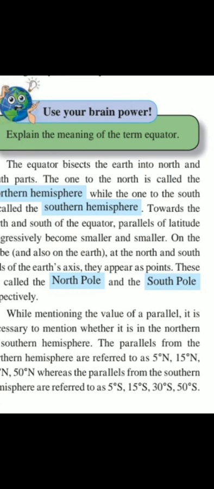Towards the north and south of the equator, the parallels of latitude progressively become smaller and smaller.